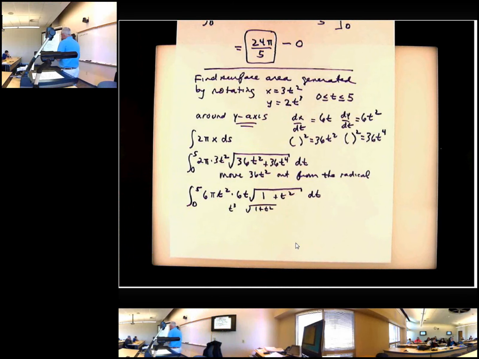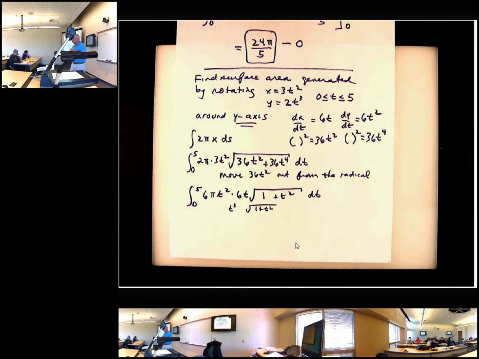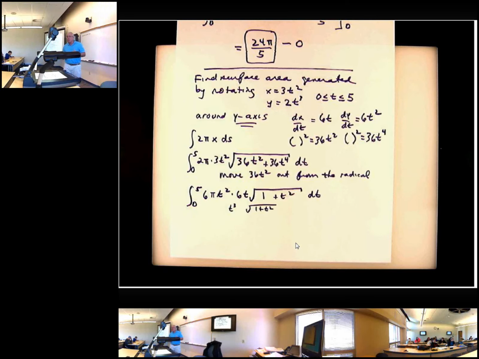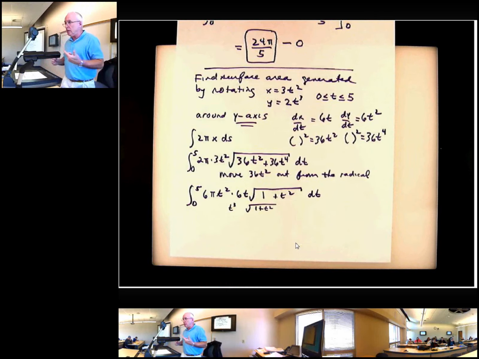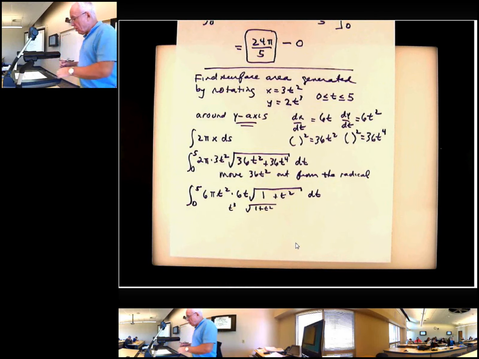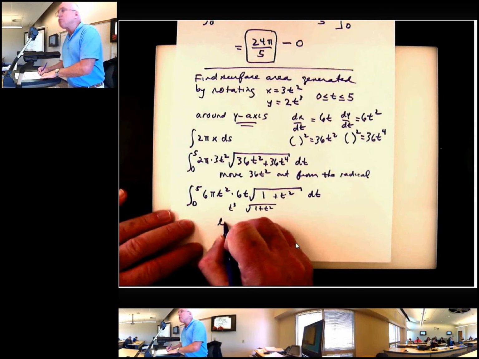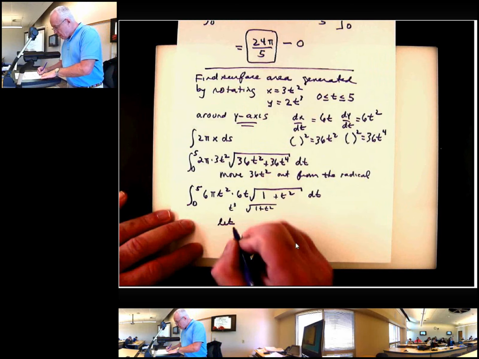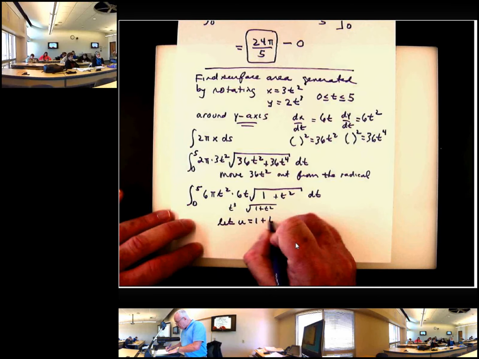One of the tricks that was mentioned in that general strategy for doing antiderivatives is that sometimes, if all else fails, it's helpful to see if putting u equal to what you have under the radical helps. All right. So I'm going to try that. Let u equal 1 plus t squared.